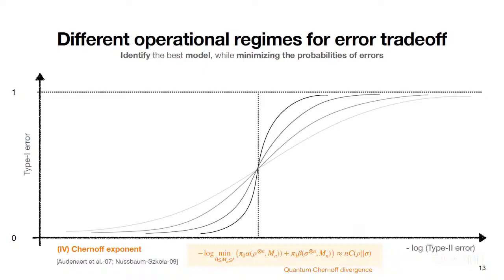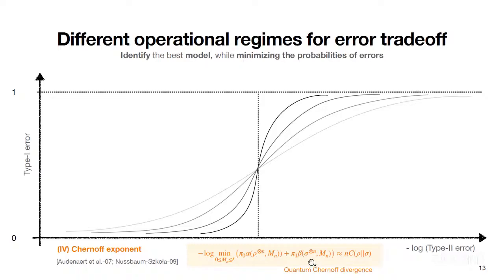And of course, we can also have a symmetric scenario. So why do we have to control one and observe the behavior of the other? We can also minimize the average error probability between type 1 and type 2 error. So in this case, this is called the Chernoff regime. If you have prior probabilities pi 0 and pi 1, then you can calculate the average probability between type 1 and type 2 error probability and minimize this average probability.